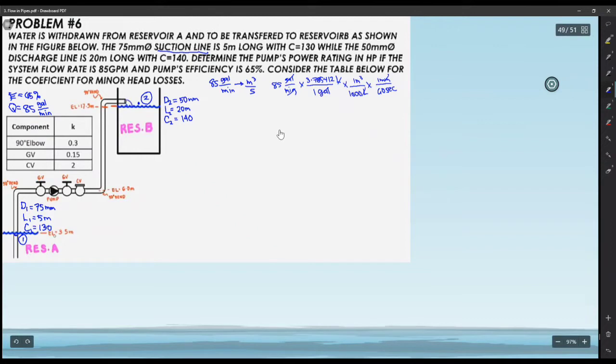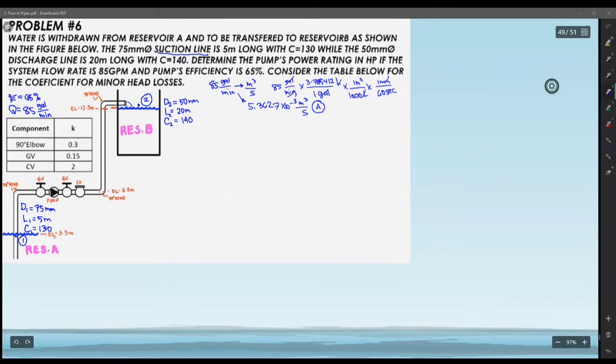So, our answer in cubic meter per second, ito is equals lang sa 5.3627 times 10 to the negative 3 cubic meter per second. So, itago natin yung value niya sa A. So, ito, i-denote natin as nakatago sa value na A.